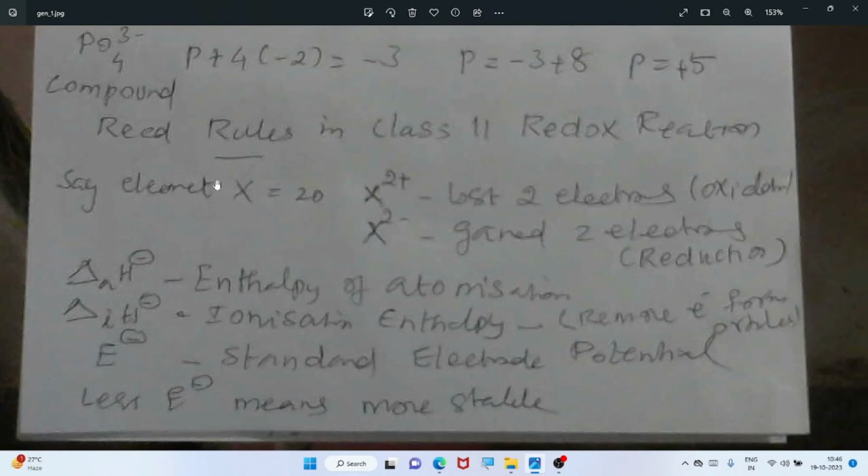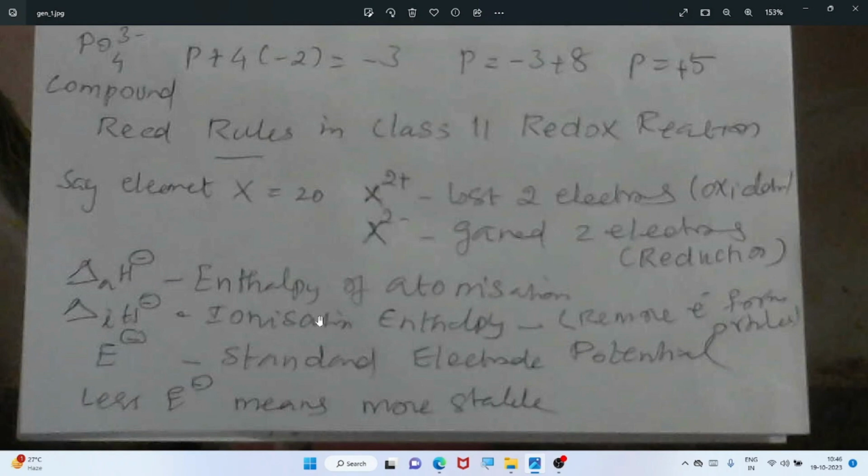What are the various symbols used? Delta A H is the enthalpy of atomization. Delta I H is the enthalpy of ionization. Ionization enthalpy is nothing but the enthalpy to remove one electron from the orbital.